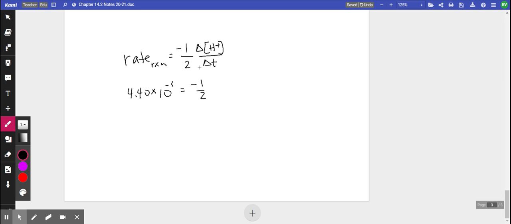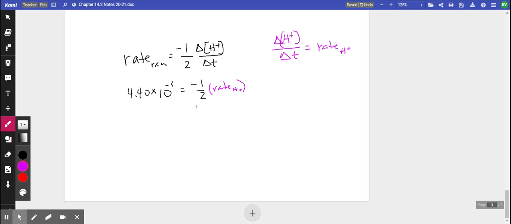And this one right here, let's do it in purple, delta H plus over delta T, that's the rate with respect to just the H plus. So we can put rate of H plus. How do I solve for this purple one? Well, I'm going to multiply by -2 on both sides.